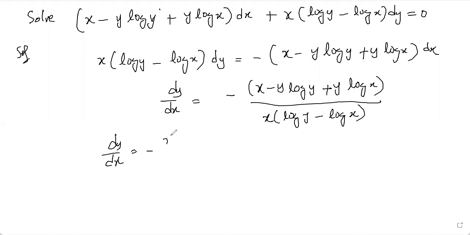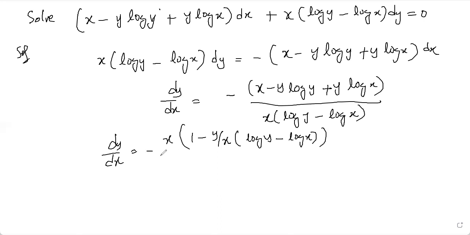So this is minus x outside, so this will be minus 1, and this will be y by x. And we take y common, so we will have log y minus log x.